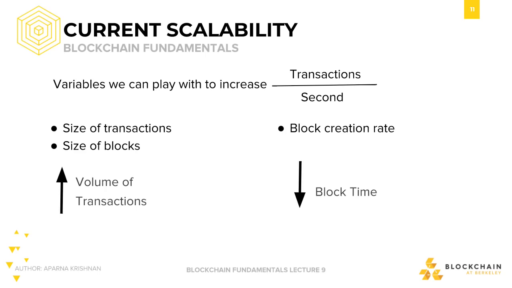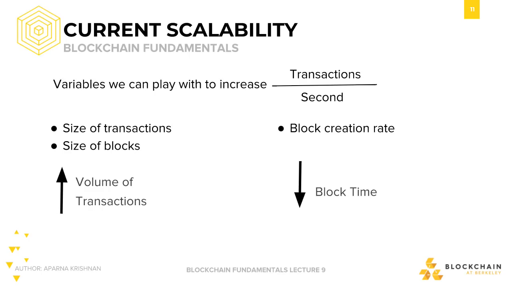Okay, so to talk about current scalability, we have 2 variables, right? Our transactions per second equation looks pretty simple. If we want to make our TPS comparable to Visa so that we can realize our dream of using Bitcoin to buy coffee, we have to increase our TPS. And we have 2 options.